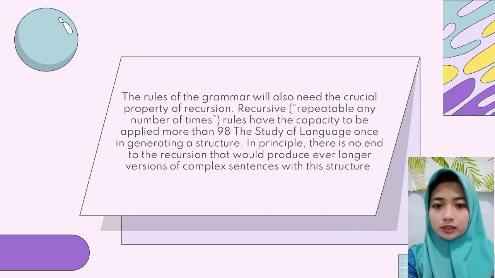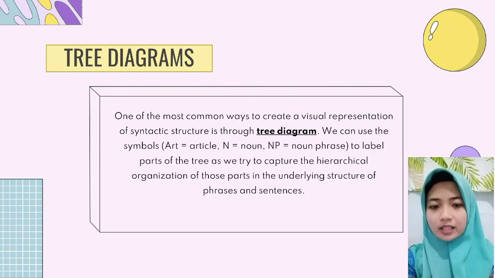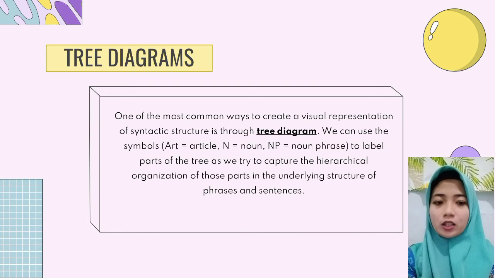In principle, there is no end to the recursion, which would produce a far longer version of complex sentences with this structure. Basically, the grammar will have to capture the fact that a sentence can have another sentence inside it or that a phrase can be repeated as often as required.